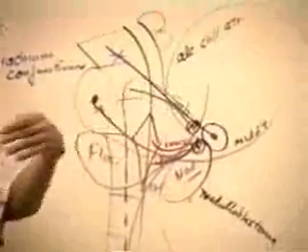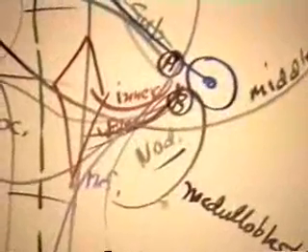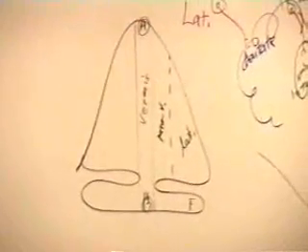And then off to the side comes the lateral cortex, and an essentially unconnected little piece of flocculus coming off to the side also. And that was sort of the classical representation of cerebellar cortex.